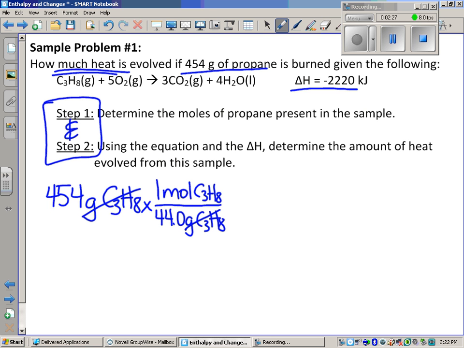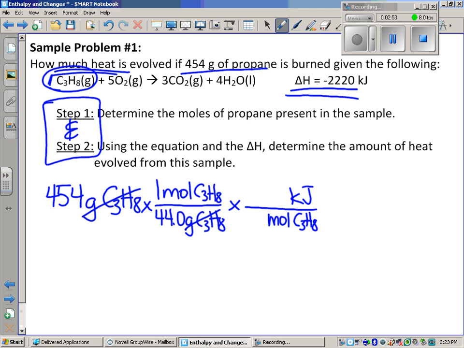Now it wants to know how much heat is evolved from that specific amount. And I know in my equation, I'm looking at propane. So for every 1 mole, see there's a 1 here, every 1 mole of propane, along with all this other stuff, is going to make negative 2,220 kilojoules. So I'm going to make another conversion factor. I'm going to put moles C3H8 on bottom, and I'm going to put kilojoules on top.